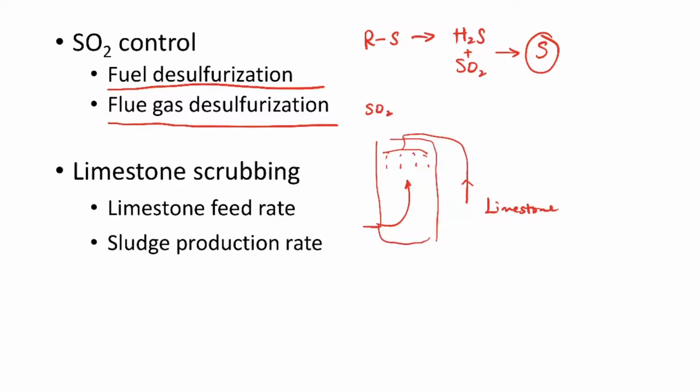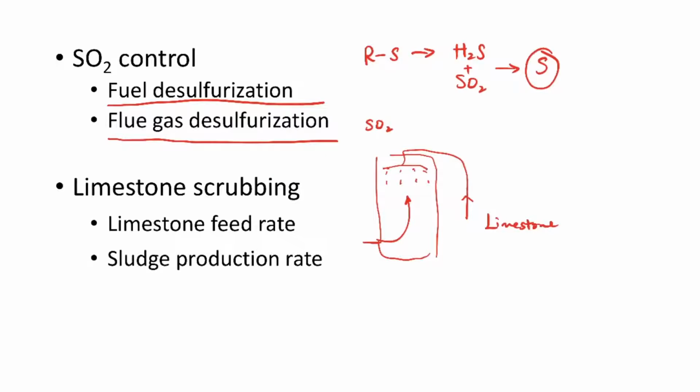We mentioned that there are 2 important parameters involved in the design of the limestone scrubbing. First, the limestone feed rate. Based on the stoichiometry, the purity of the limestone, and the composition of the flue gas, we should be able to calculate the feed rate.